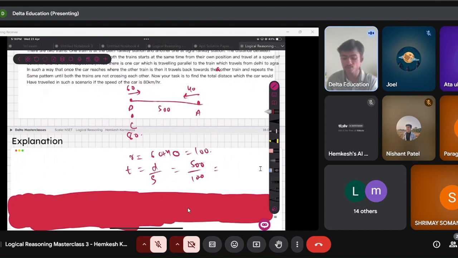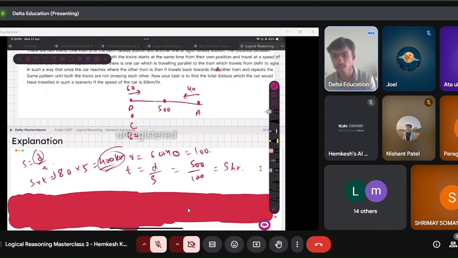So the time taken is 5 hours. Total time taken to meet each other is 5 hours. So by again simple speed equals distance upon time formula, we could easily calculate the distance, which is speed into time. Speed of the car is 80, time is 5 hours. So 5 8s are 40, 400. So 400 kilometers becomes the answer to this question.